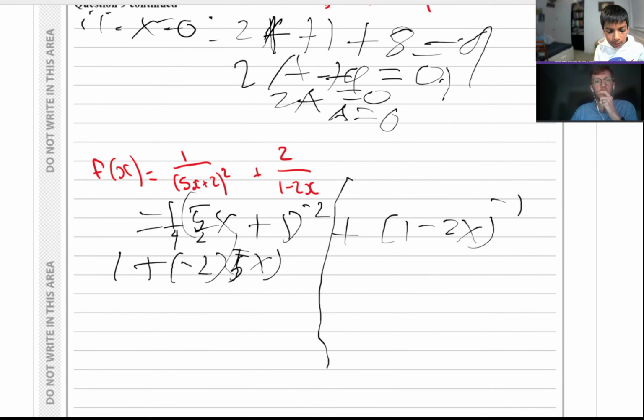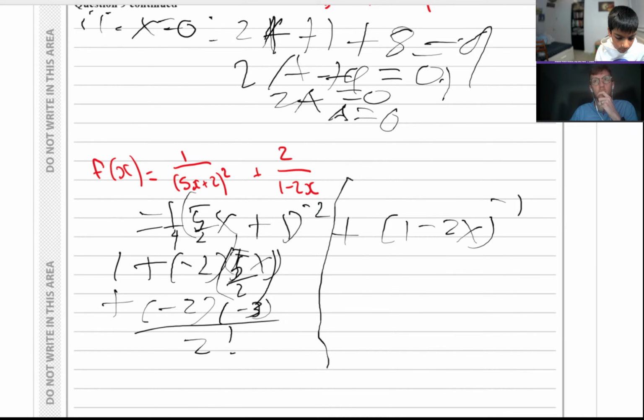So 1 plus minus 2 times 5 into x plus minus 2 times minus 3 over 2 factorial, times by 5 into x squared. Good. 5 into x squared.